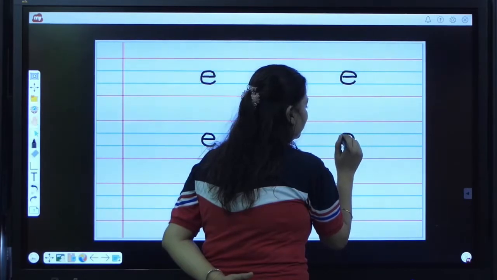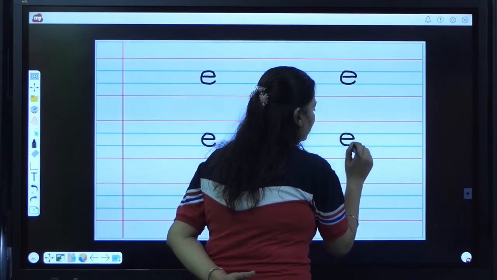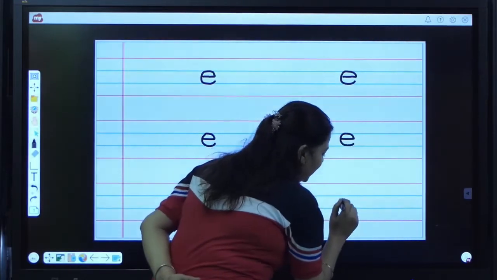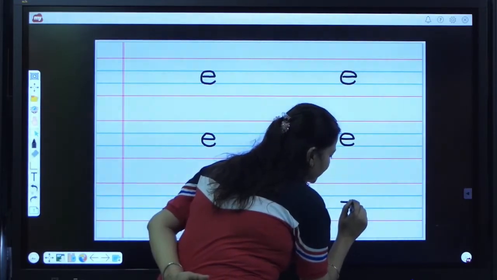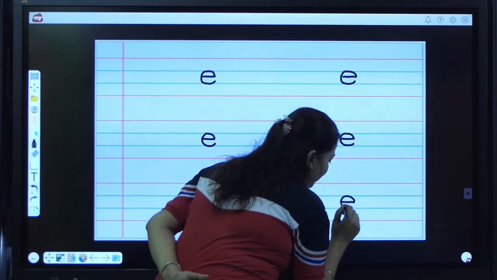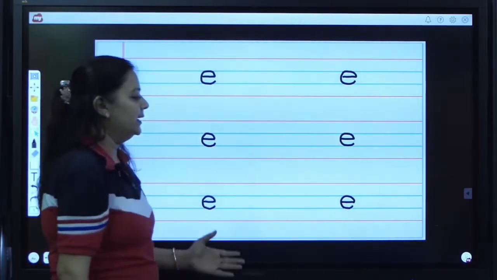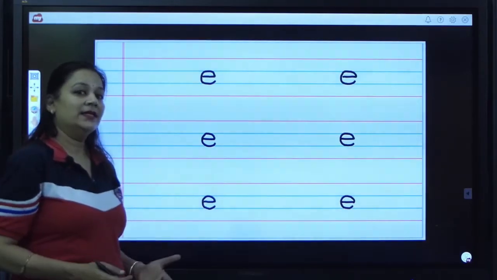Go up till middle line. Make a curve. Now stop on the base line. E. Sleeping line. Go up till middle line. Make a curve. Come till base line and stop on the base line. E. Which letter is this?